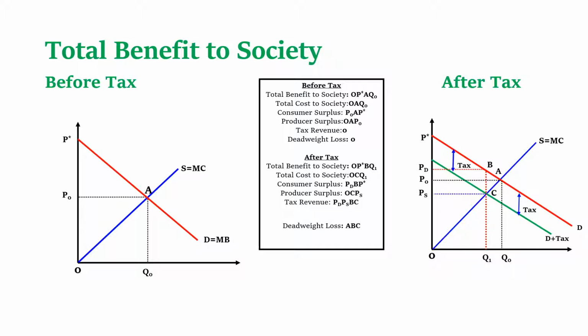Because there is no tax here, there are no distortive effects. No distortions are created when there is no tax. But as soon as the tax is introduced, then it becomes distortive.